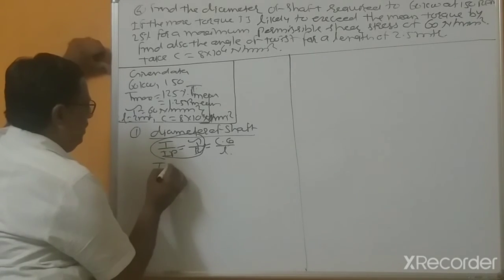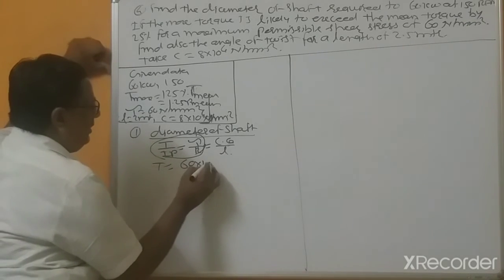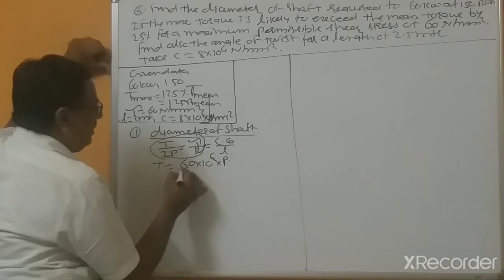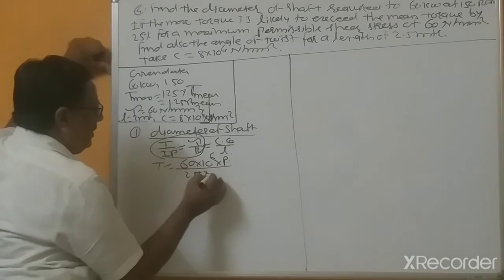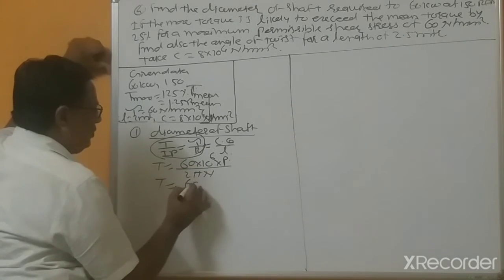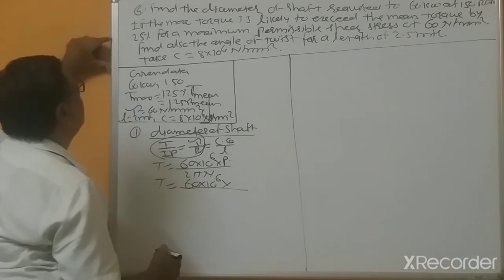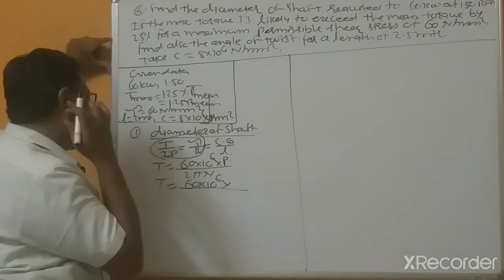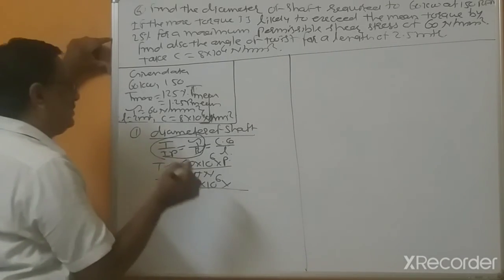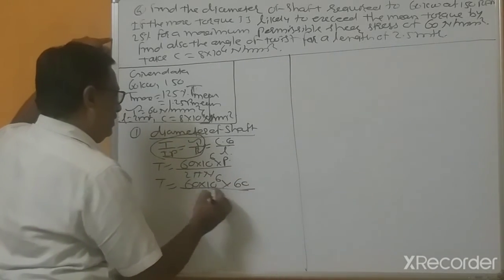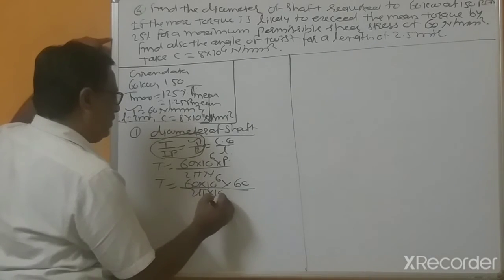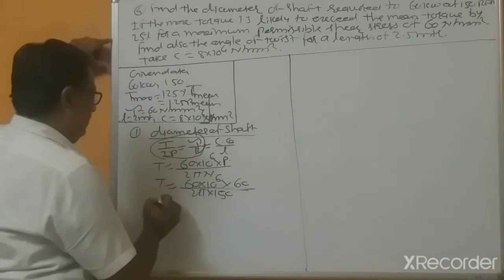Now T equal to, can I directly write 60 into 10 to the power 6 multiplied by P divided by 2 pi N? Okay, this is 60 kilowatt and divided by 2 pi, RPM is equal to 150.